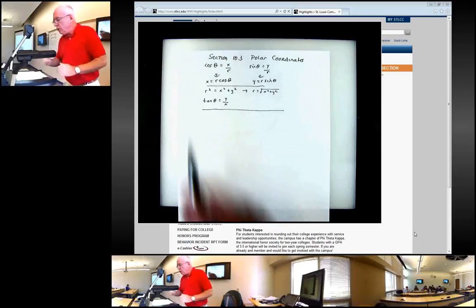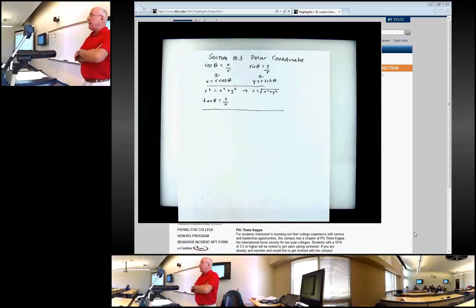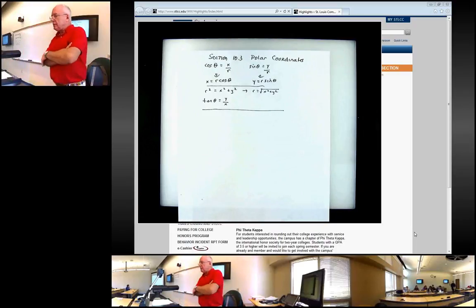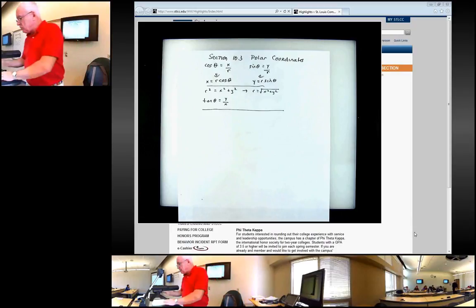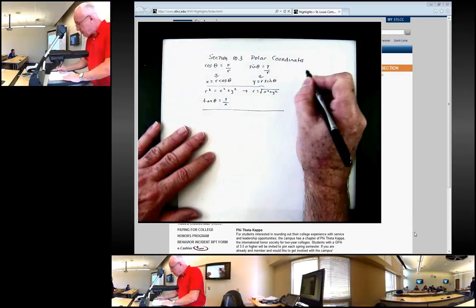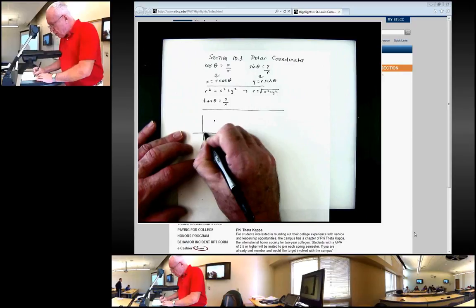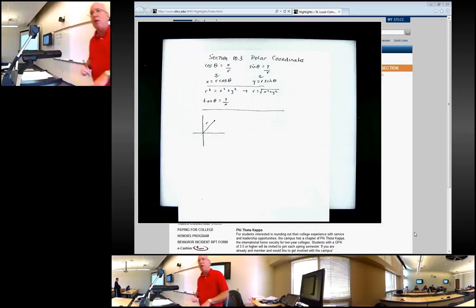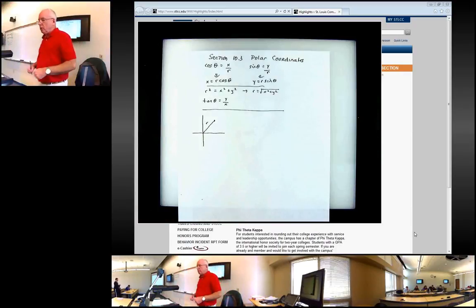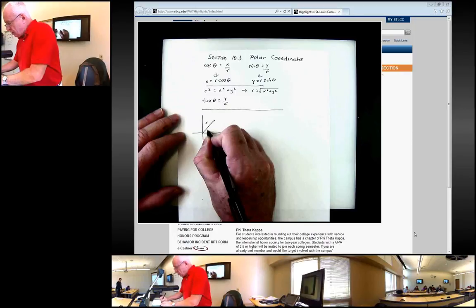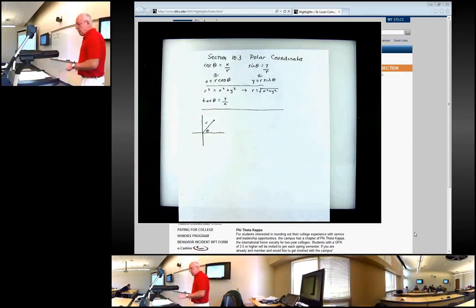So the cosine of the angle theta is equal to x over r. The sine of theta is y over r. R is that we have a point here. R is that distance from the point to what's called the pole. This is our angle theta that's made with the polar axis.